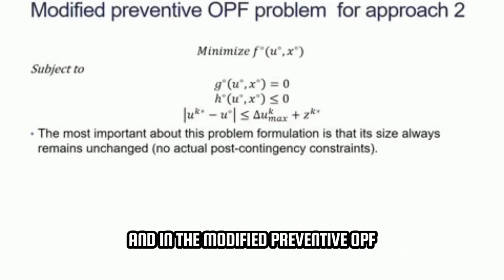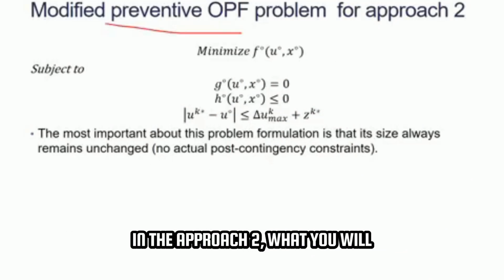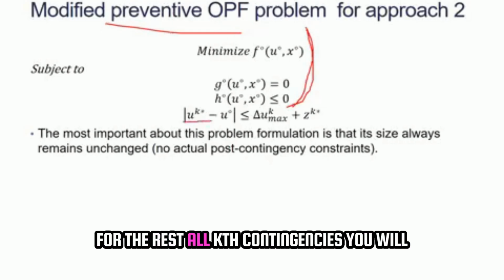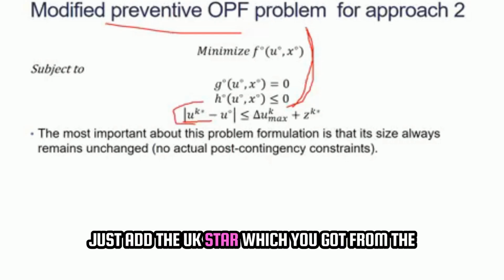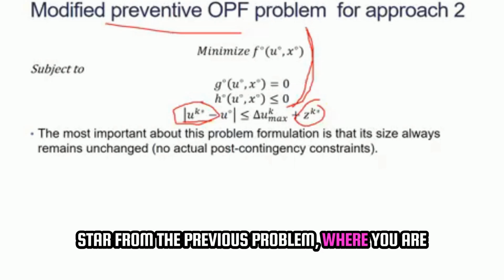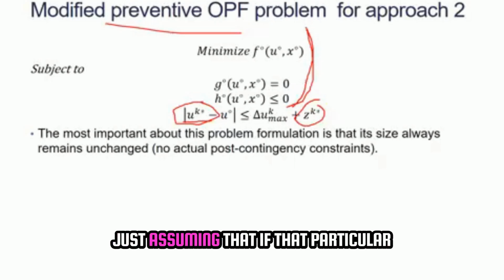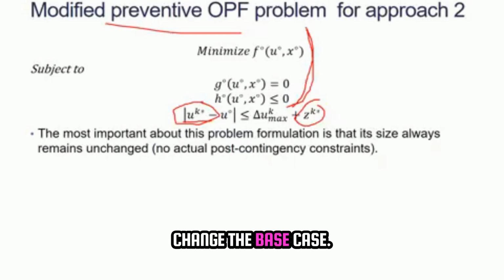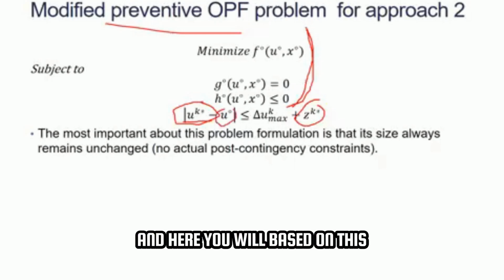In the modified preventive OPF, in approach 2, you will just run the base case, and for all the rest of the kth contingencies, you will just add the UK star and the ZK star from the previous problem, where you are assuming that if that particular contingency takes place, this is how much you have to change the base case.